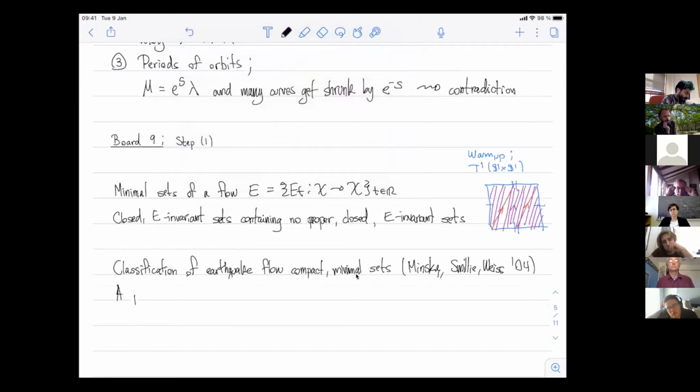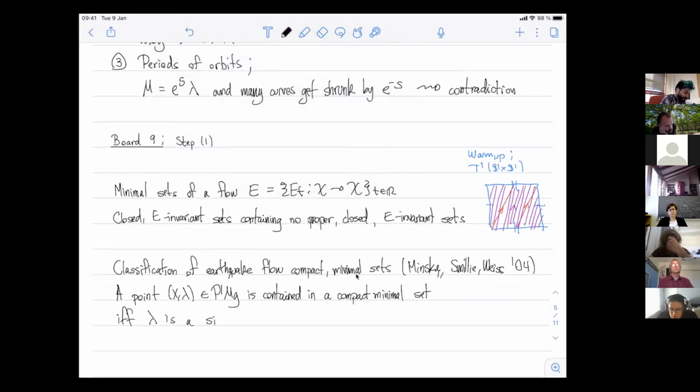A point x comma lambda in this bundle is contained in a compact minimal set if and only if lambda is a simple closed multicurve.